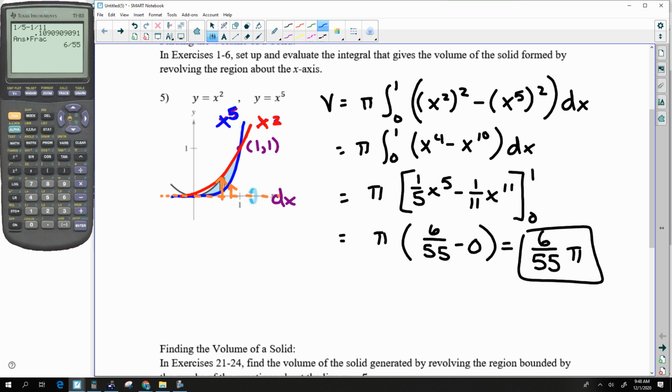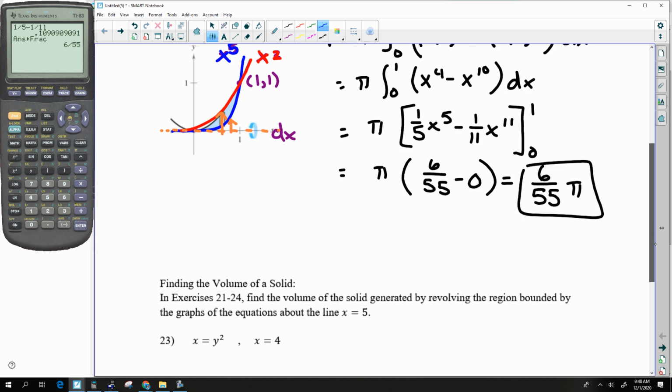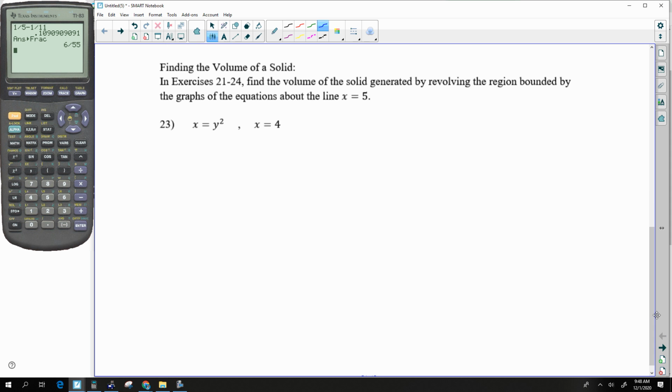So again, running through this, this is the pi integral from a to b of the big radius squared minus the little radius squared. Okay, so here we're going to move this about the line of x is equal to 5.